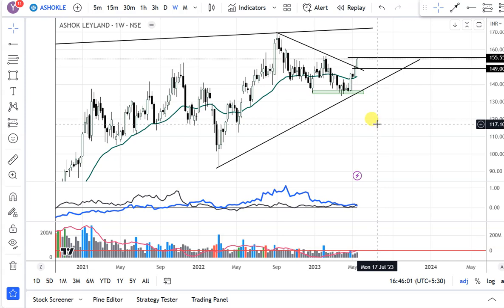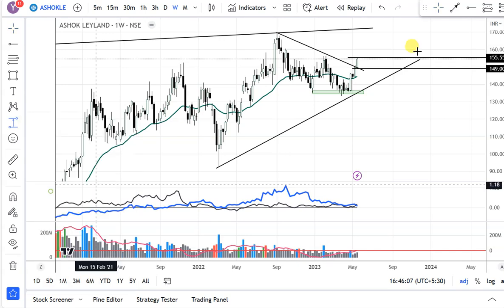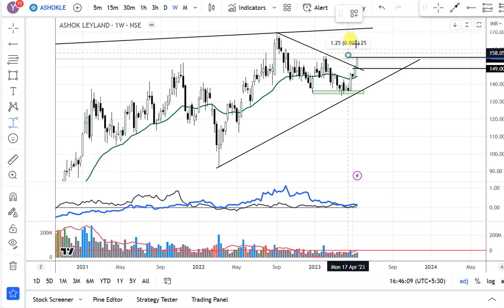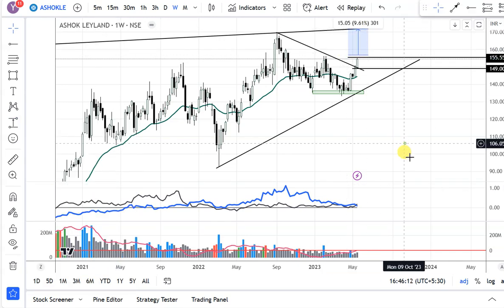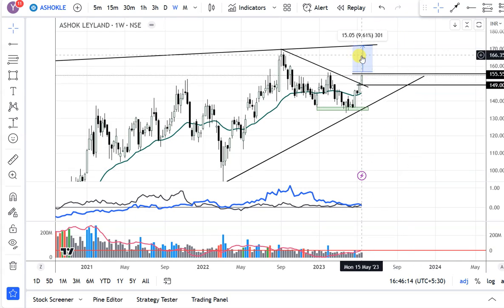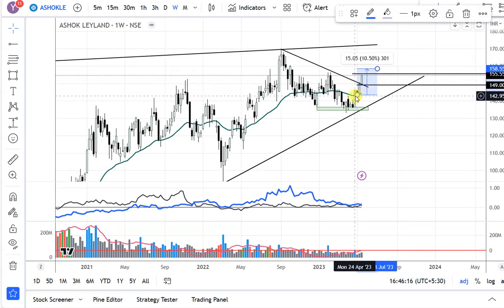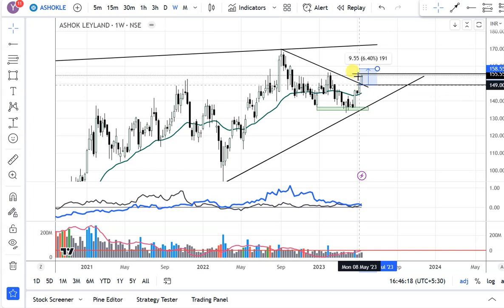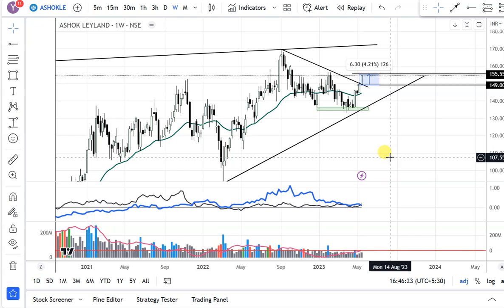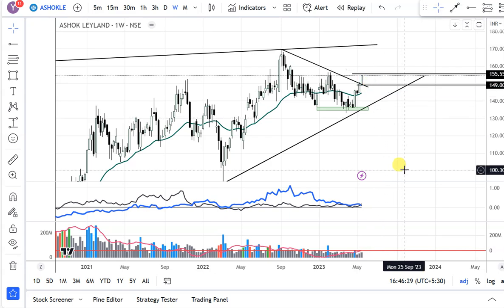So till 170, if you enter somewhere here, that gives approximately a 9% rally. And the stop loss can be 4%.